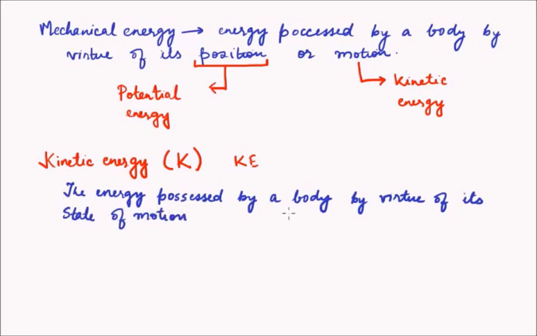What we mean is that the energy component due to kinetic energy is basically due to the motion of the body. I need to rectify the spelling here. It should be P-O-S-S-E-S-S-E-D. Sorry for that. So coming back to kinetic energy, it is the energy possessed by virtue of its state of motion.